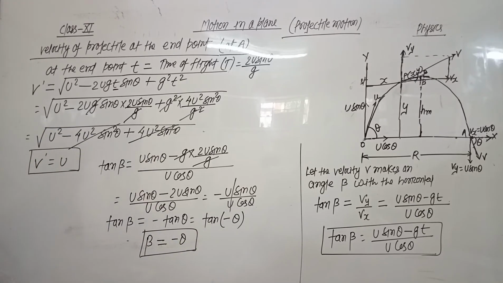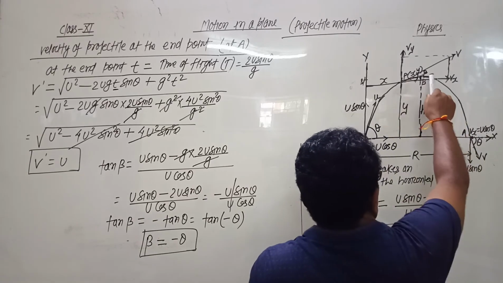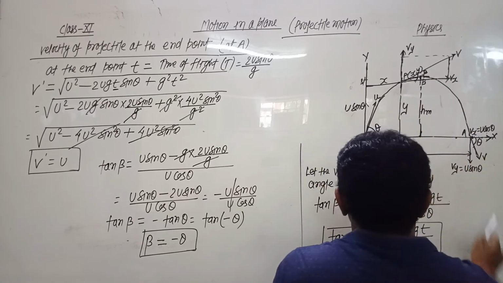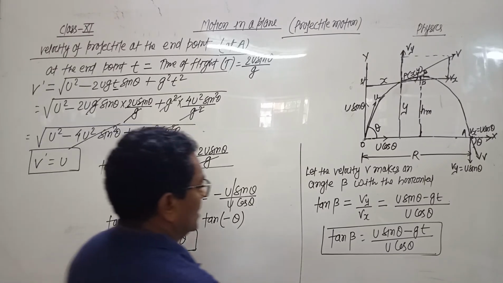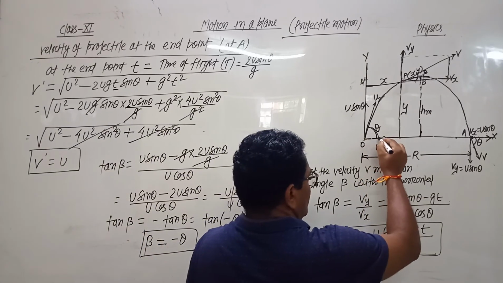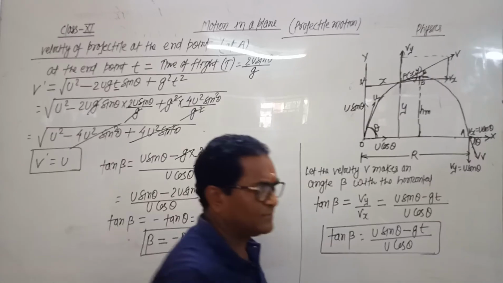The angle beta is equal to minus of theta. So what do we conclude? The value of theta at this point will be negative.